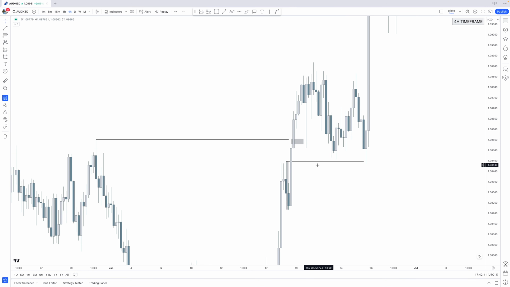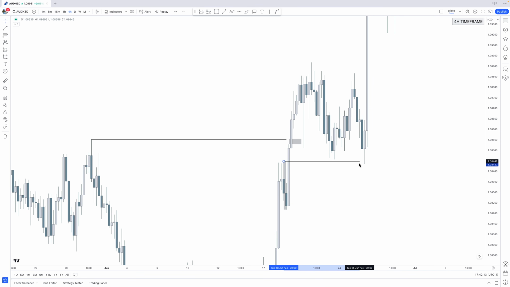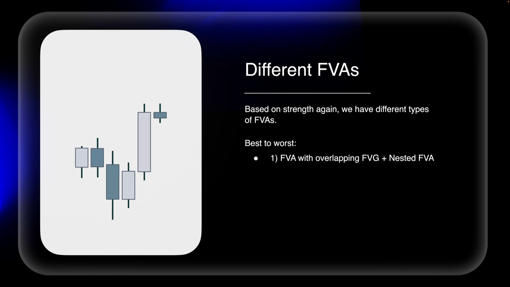If we then also have a nested fair value area sitting just below the original, the bigger fair value area, then that's 3 discount arrays. That is triple the strength of just one fair value gap. Like we mentioned in previous videos, trading is all about probabilities. So if you can multiply your probability by 3, then of course that is a lot higher probability. That is the ideal fair value area.